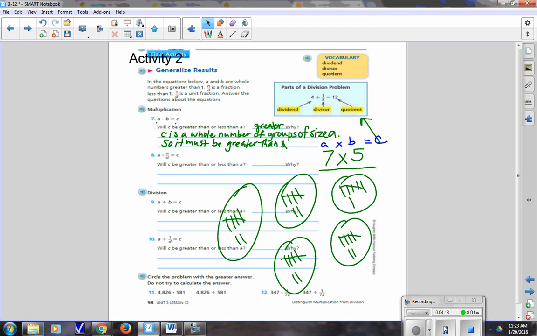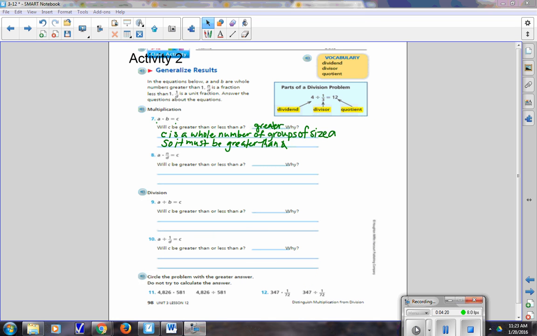Okay. Now we're going to look at a fraction. So I have A times N over D equals C. Will C be greater than or less than A?